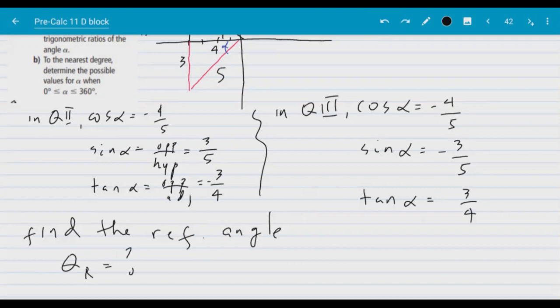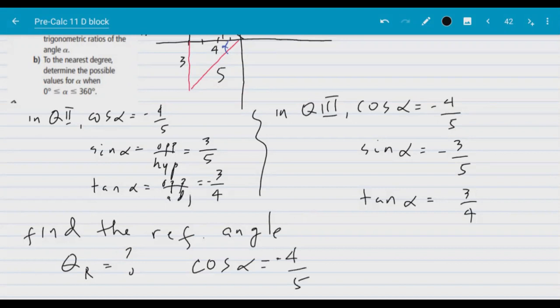I have always tried to use tangent. So this time, why don't I use cosine? All right. Why don't I use this one here. Now, so I will have cosine of alpha equals 4/5 or negative 4/5, sorry.